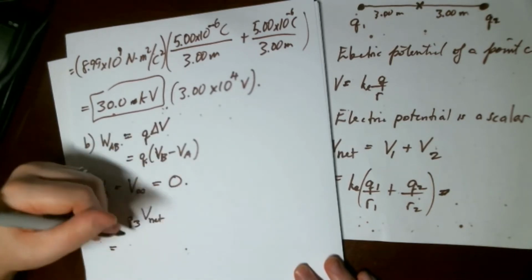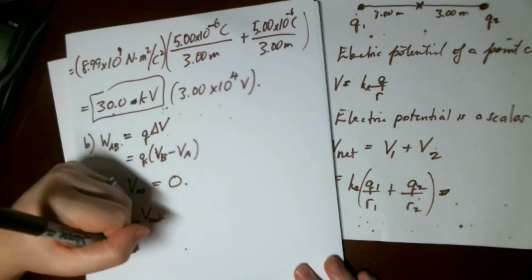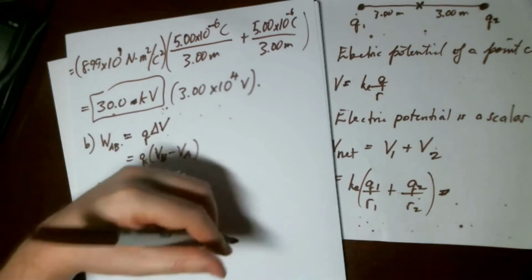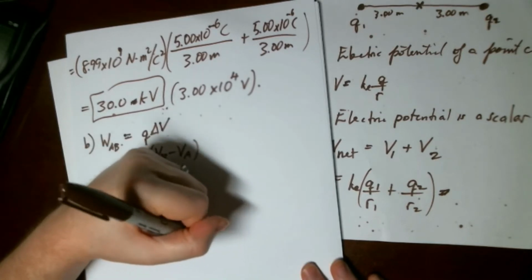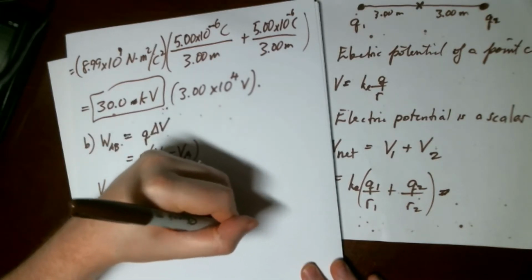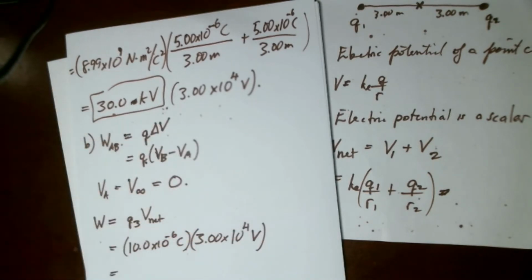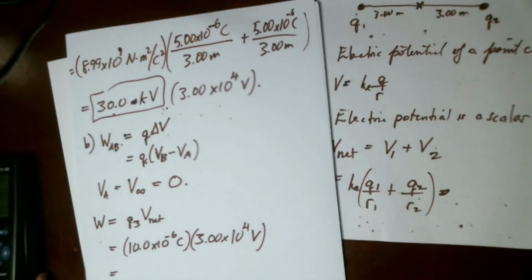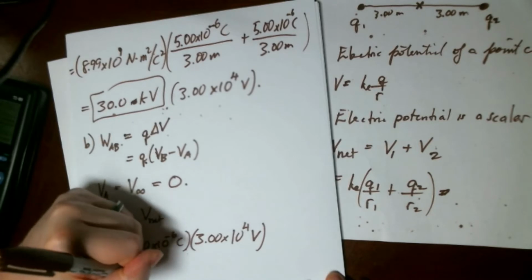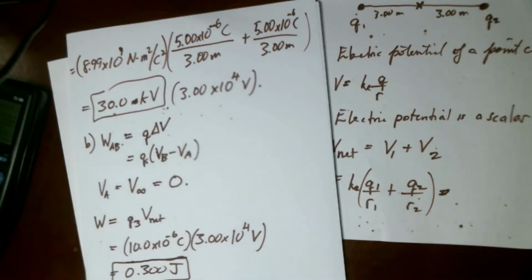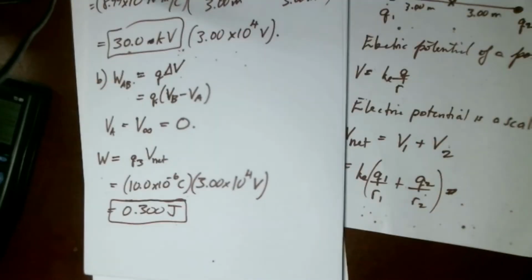Working that out, Q3 is 10 microcoulombs, and the potential of that point is 30,000 volts. So we have to do 0.3 joules of work on the point charge to move it from very far away to that point right between those two other charges.